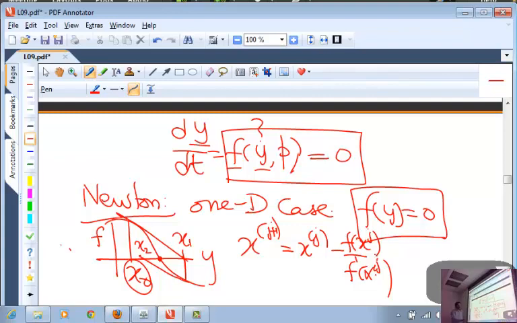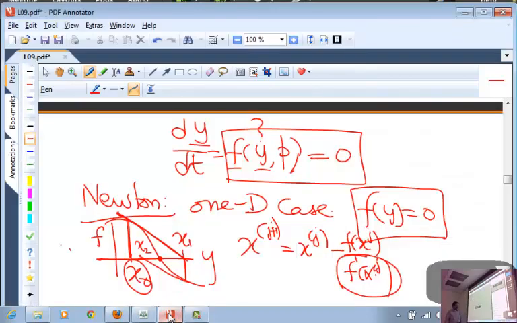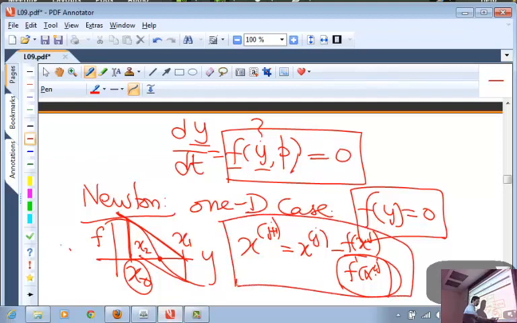Make a guess, draw a tangent. That is why you need f prime. f prime is the tangent. Okay, and you need f also. So using these, you fit a straight line and ask where does that straight line intersect the x-axis. Okay, when you apply that logic, you get this one-dimensional version of the Newton method. So the multi-dimensional version of the Newton method is a generalization of this.